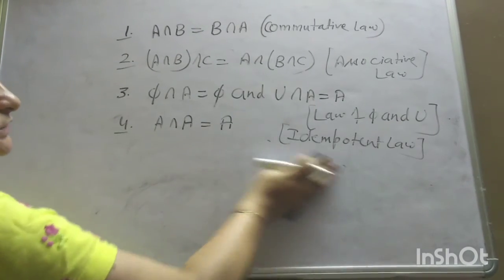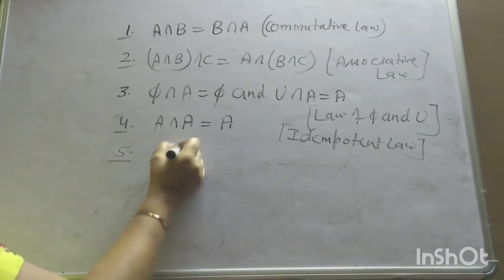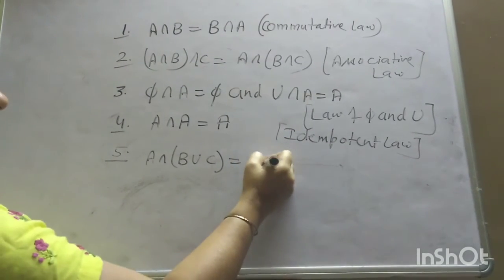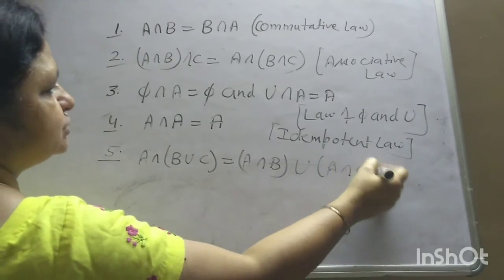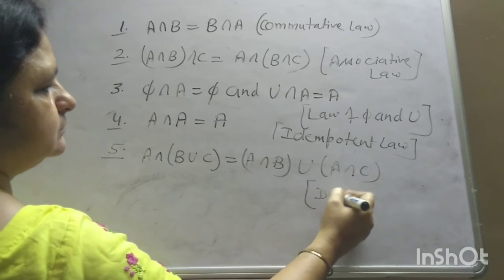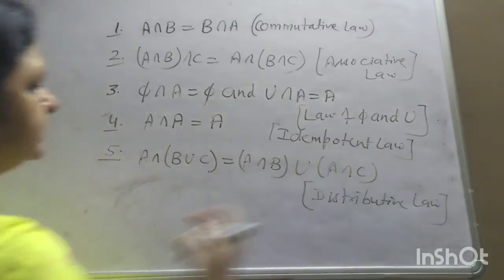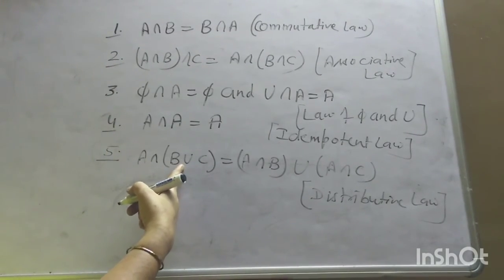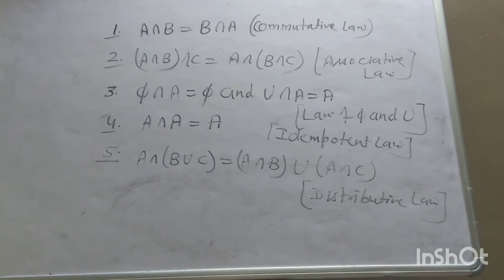And the last but not the least, A intersection (B union C) is equal to (A intersection B) union (A intersection C). This is distributive law. Here, intersection is distributed over union. Intersection is distributive over addition.